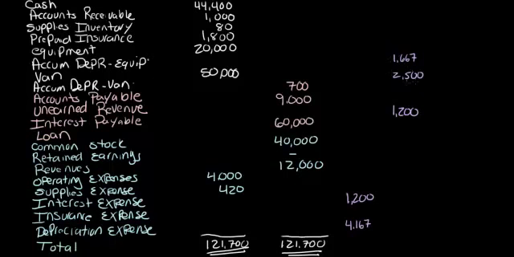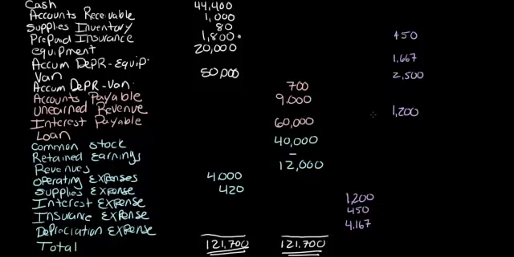These two, the 1,667 and the 2,500, total up to the 4,167. The next journal entry was to insurance expense, $450 as a debit, and then we're going to credit prepaid insurance $450.